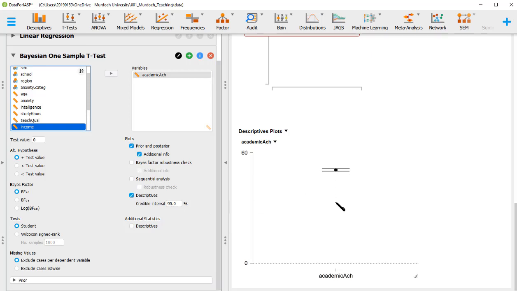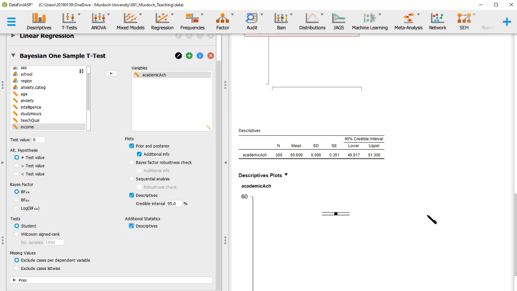So we've got here academic achievement, that's the mean of the posterior distribution, and that's the credibility interval of the distribution. Now we want that in actual numerical values, so we've got additional descriptive statistics there, and that is all we need.